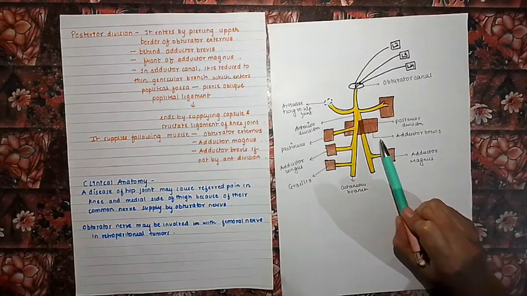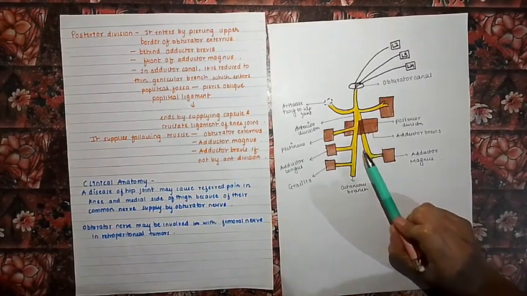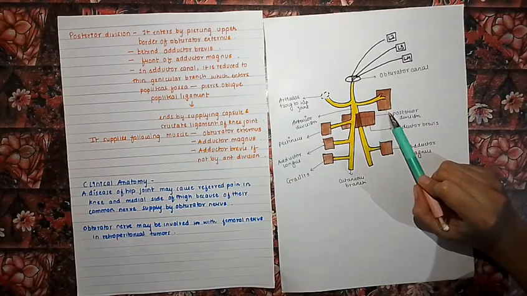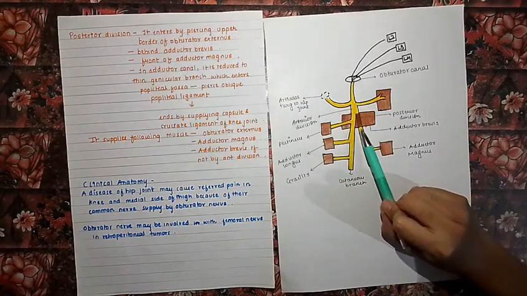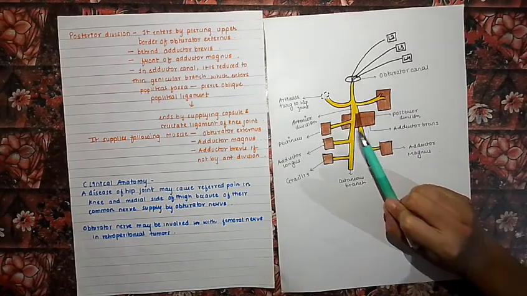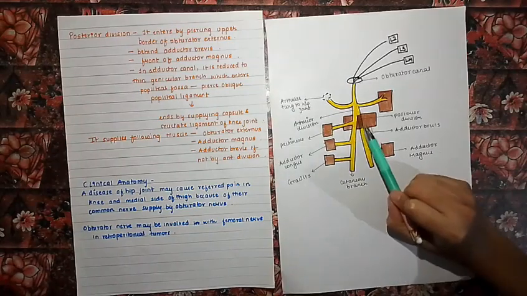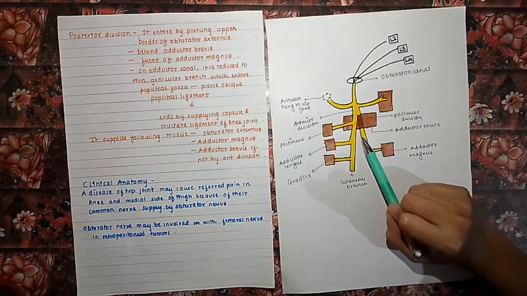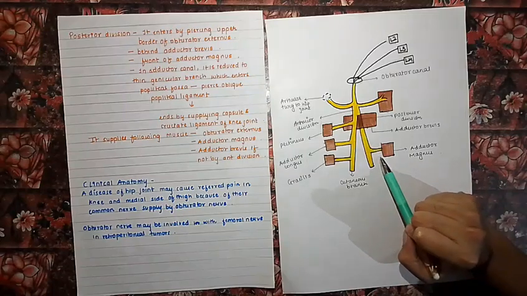So the posterior division pierces the upper border of obturator externus muscle. Then it goes in front of the adductor magnus and behind the adductor brevis. As we can see, this nerve is traveling behind the adductor brevis and in front of the adductor magnus muscle.